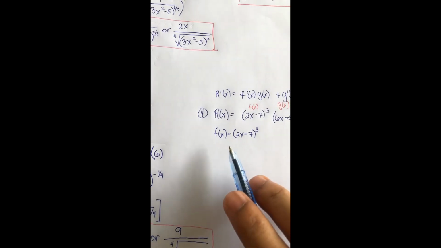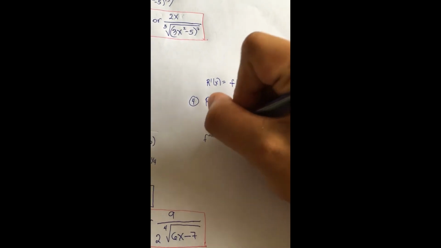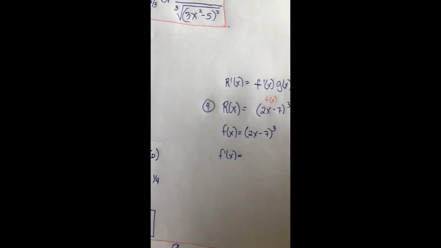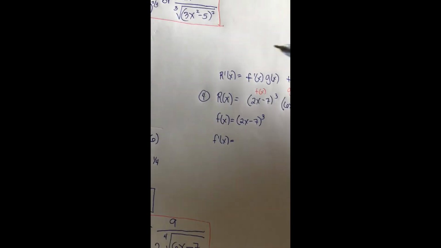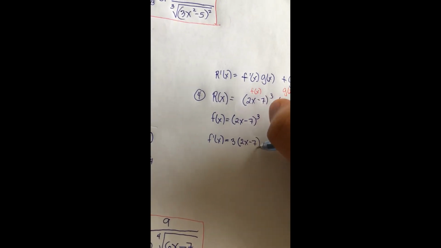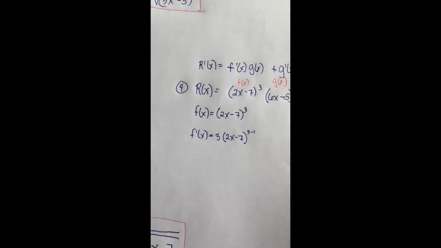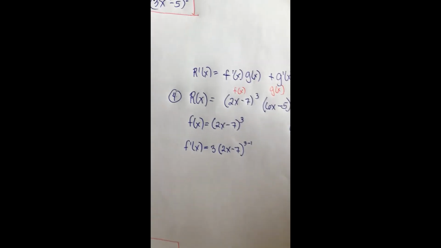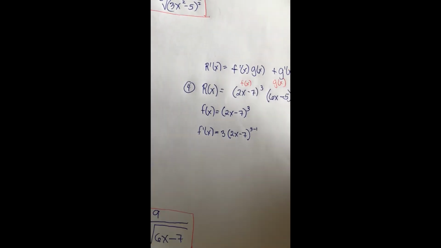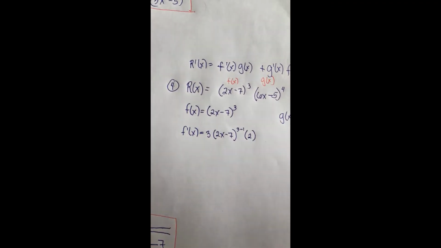So we are going to find the derivative of our f of x. The derivative of f of x, we have, of course, we're going to apply chain rule process. Meron siyang 3, so apply power rule. So 3 times 2x minus 7, 3 minus 1. Then, multiply. We are going to multiply the derivative of 2x minus 7.